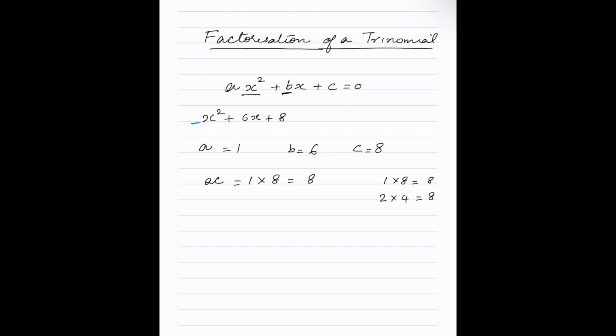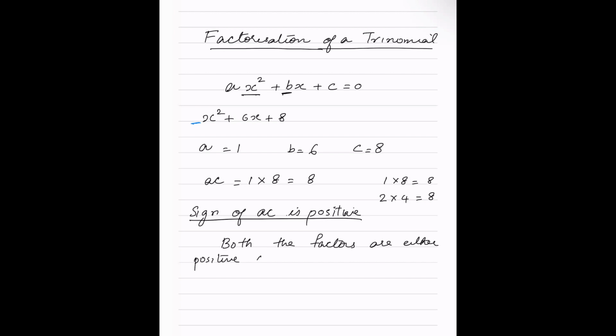Fine. Now I also need to look at the sign of AC. The sign of A into C is very important. If the sign of AC is positive, it means both the factors are either positive or both of them are negative.